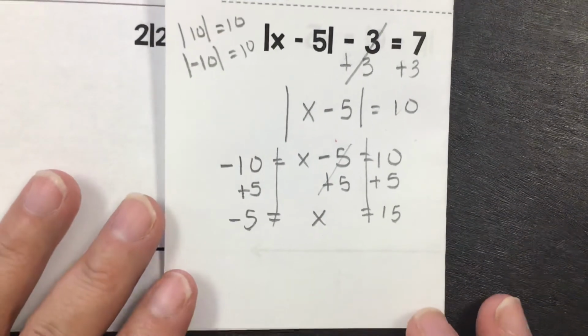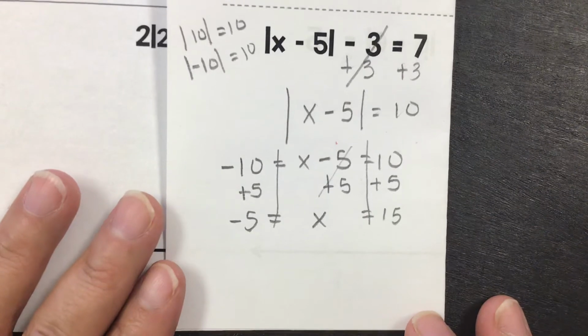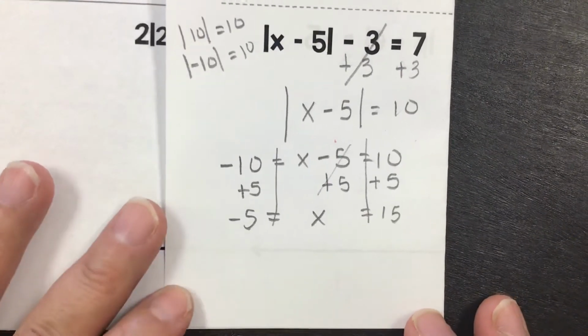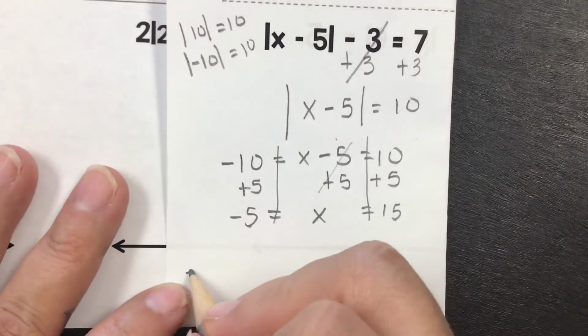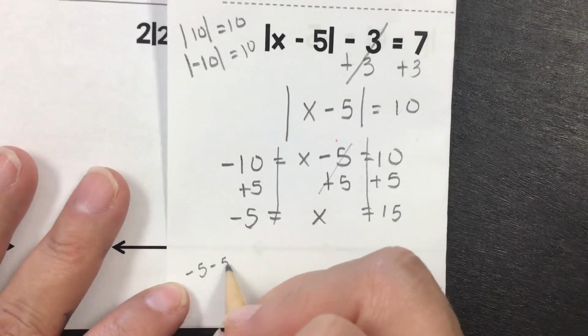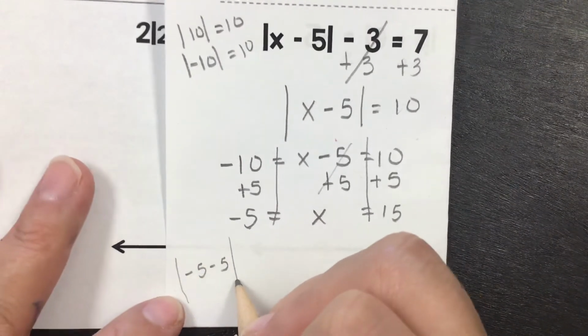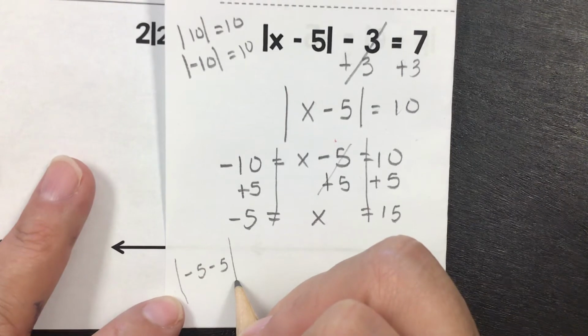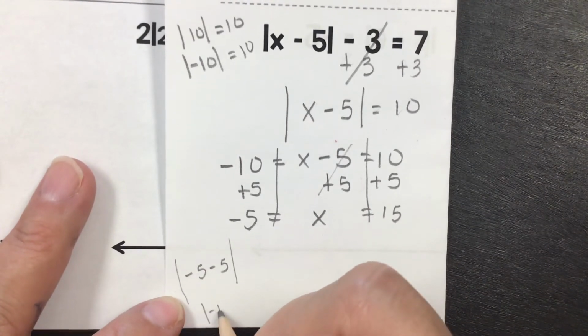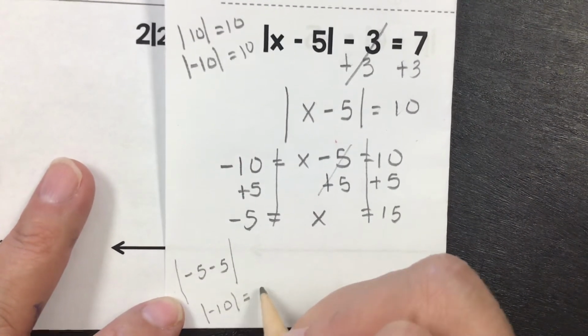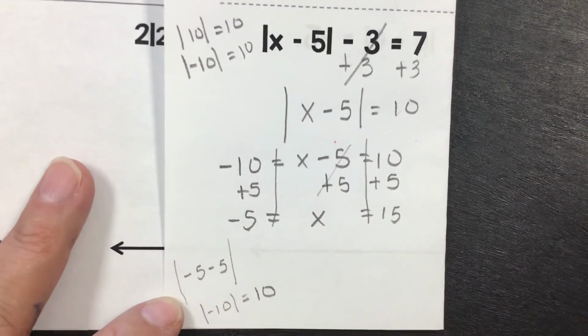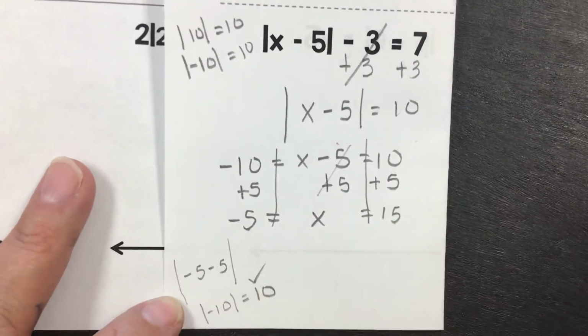You do not have to write this down. This is just for your understanding. What this means is that if I put a negative 5 minus 5 in the absolute value, what do I get? A negative 10? Would that give me a positive 10 answer? Yes.